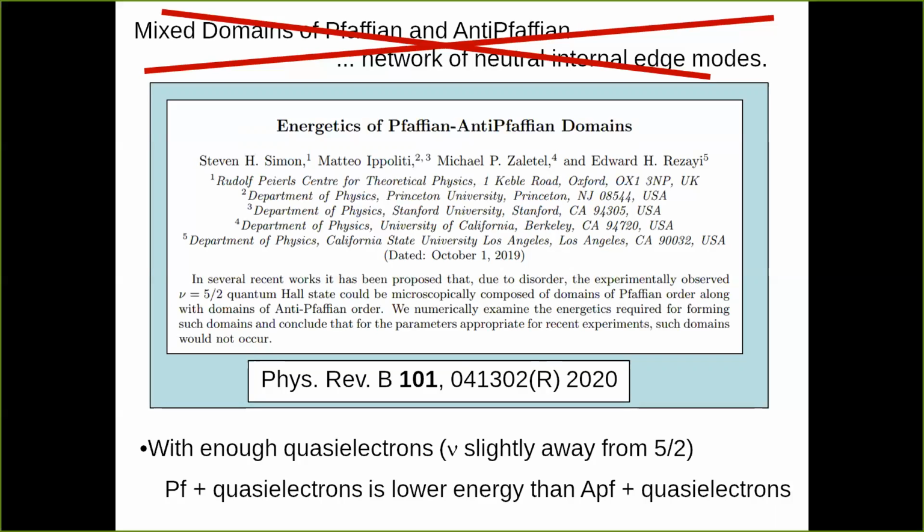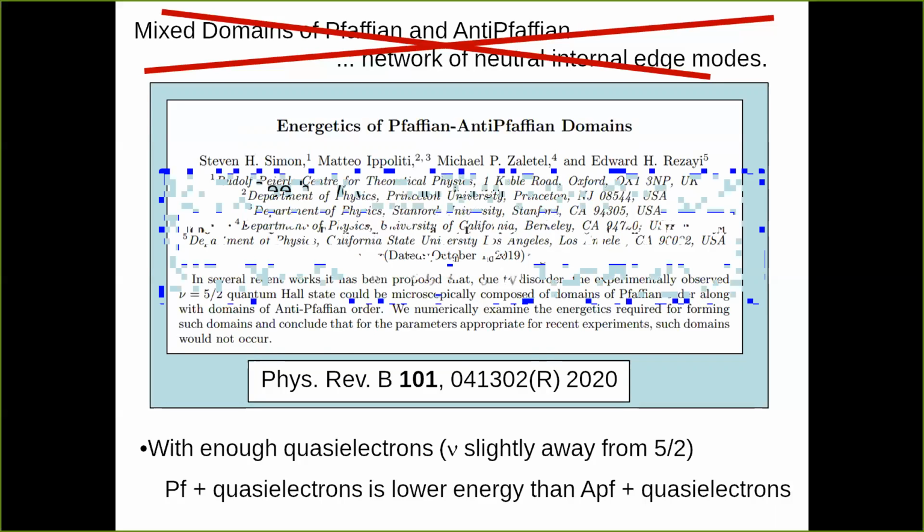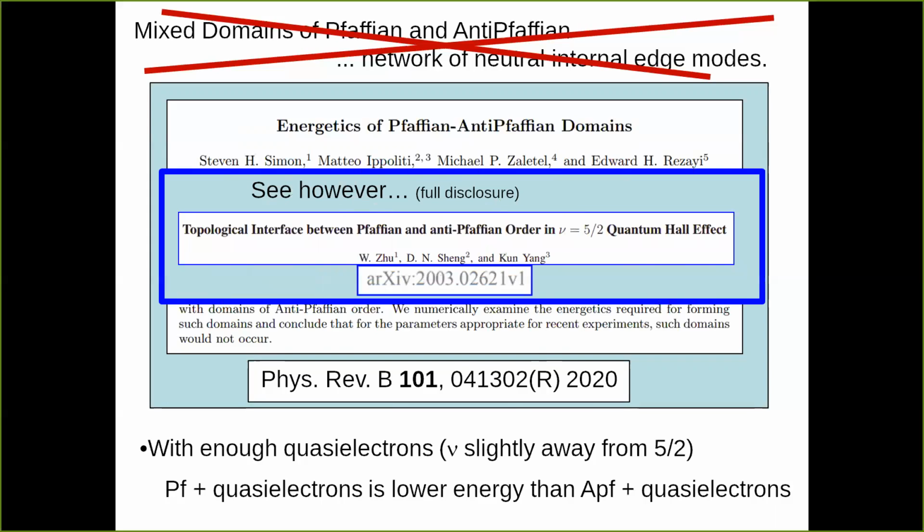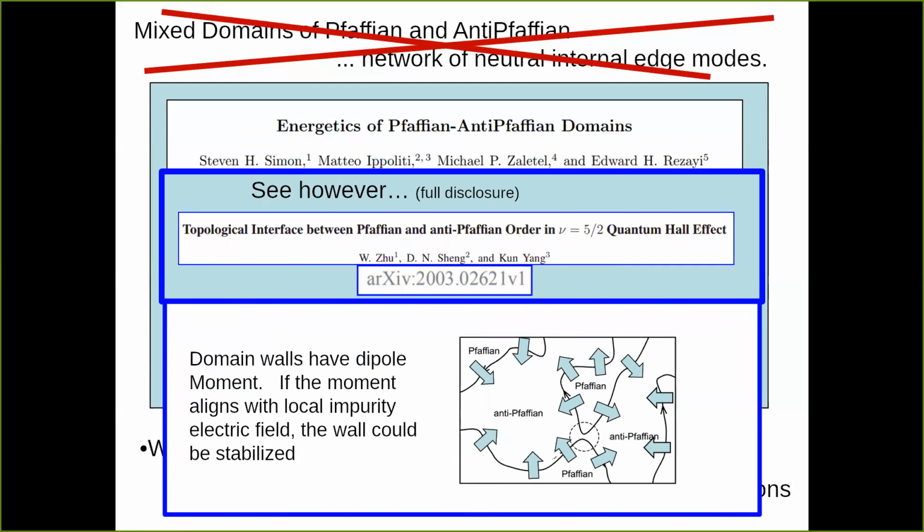Now, I thought this was pretty definitive, but then another paper came out by Donna Sheng and Kun Yang and their postdoc, and they pointed out that we had missed something, and I will admit that we had missed something: that the domain walls have an electrical polarization. This is not an obvious fact, but it's true.